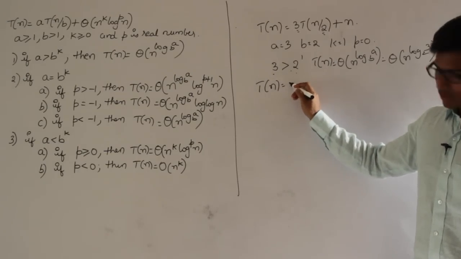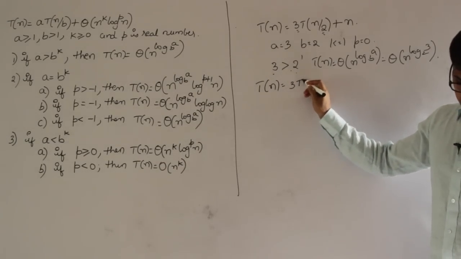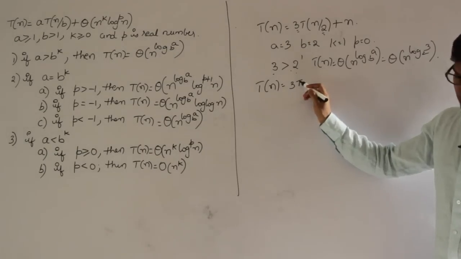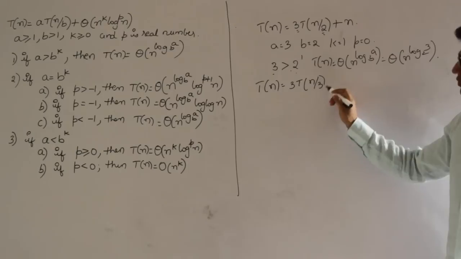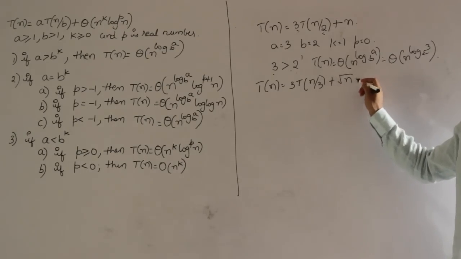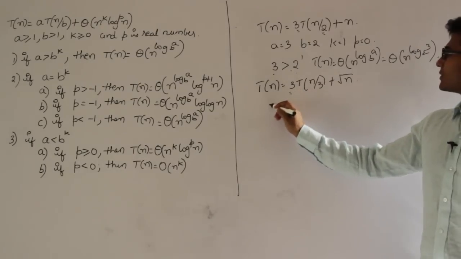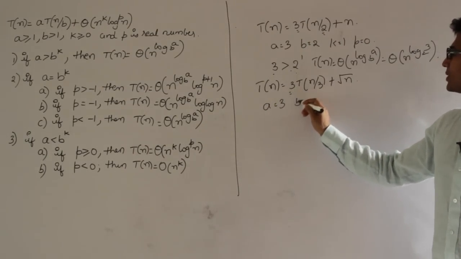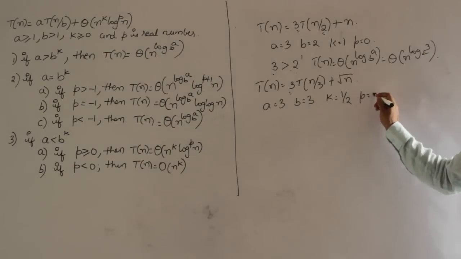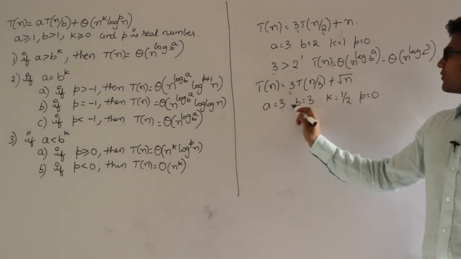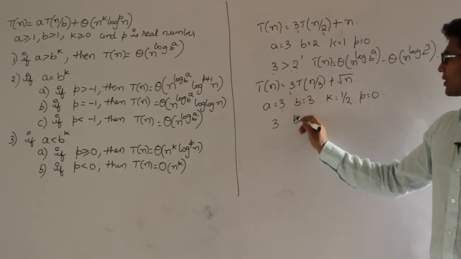T(n) = 3T(n/3) + √n. So in this case, a = 3, b = 3, k = 1/2 and p = 0, right? Then what is a and b^k?